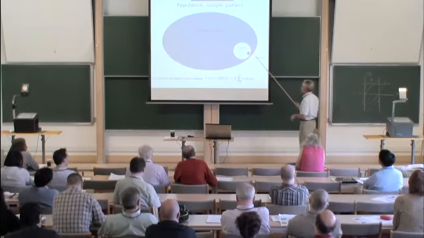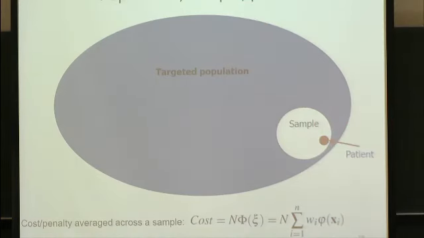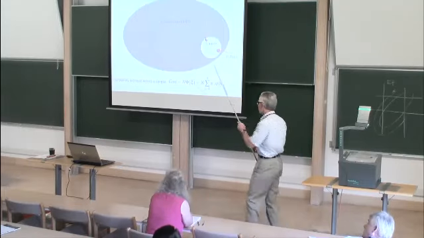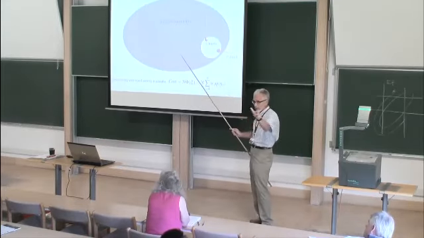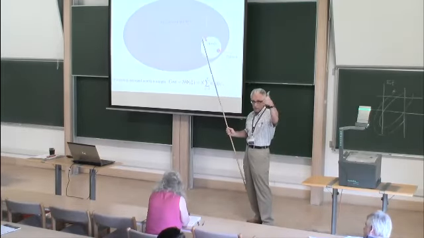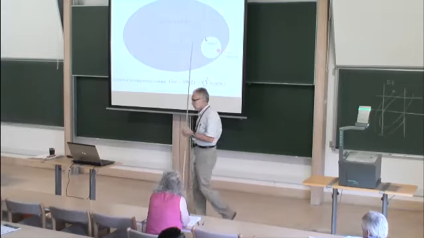Then there is the patient, and for this patient, of course, it's important that if he is on the dose which is the best one, he is a lucky one. If not, then he really suffers, and these sufferings can be described by this. Do you remember x star minus x, squared?